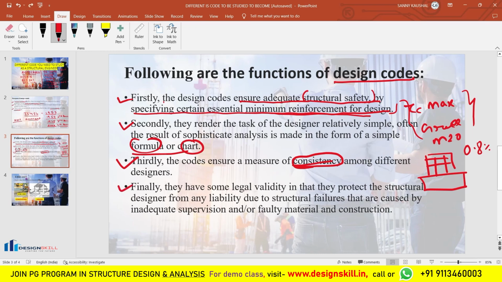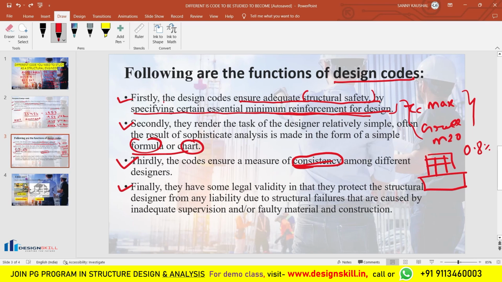The fourth function, I will say, is one of the most important functions of our design codes, because these design codes protect the structural engineer from the legal actions that can be taken due to a structural failure occurring at the site. This structural failure may occur due to faulty material and improper construction.